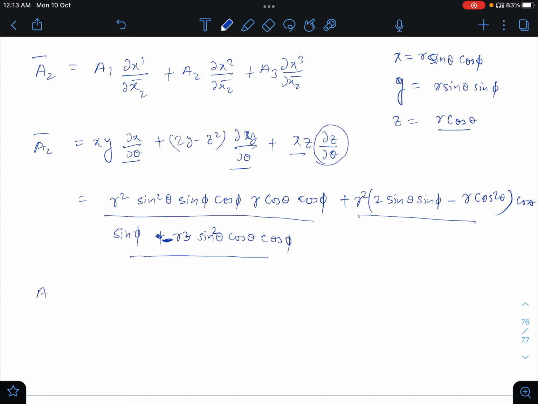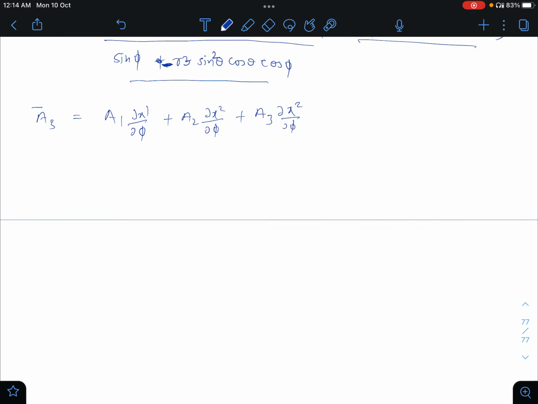Let us find a3 bar. It is equal to a1 delta x1 upon delta phi plus a2 delta x2 upon delta phi plus a3 delta x3 upon delta phi. So let us put x1, x2 and x3, a1, a2 and a3.